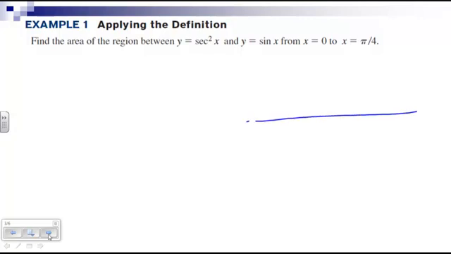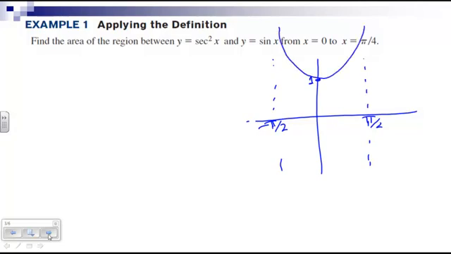What does the graph of secant squared look like? If I remember correctly, secant is undefined at pi over 2 and negative pi over 2. I think it comes all the way down to the value 1 and runs like there. And if we went over here, it runs like that.